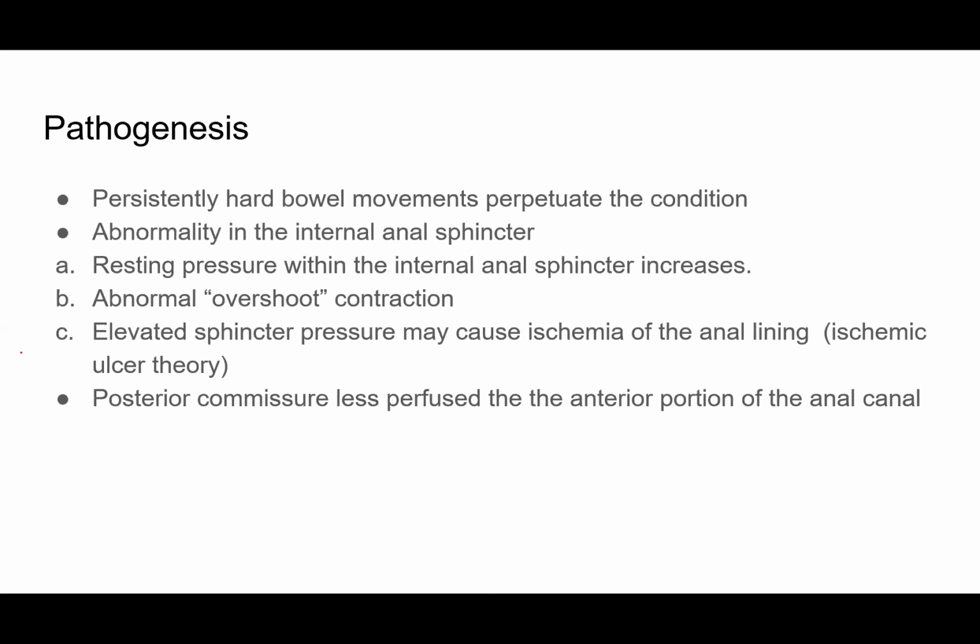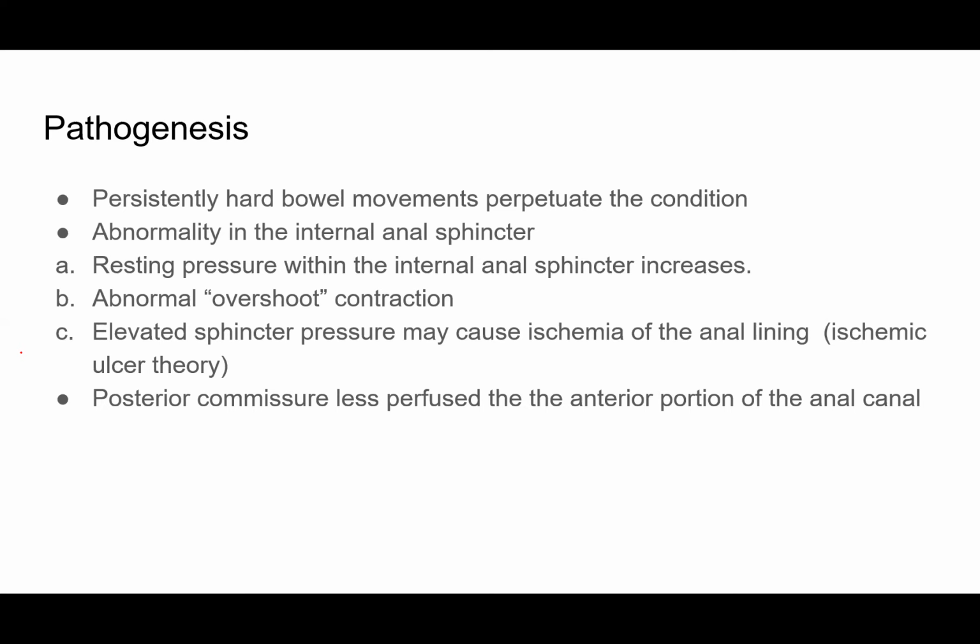So as I explained earlier, persistently hard bowel movements perpetuate the condition, resulting in an abnormality of the internal anal sphincter, which maintains continence. There's increased resting pressure in the anal sphincter, and the contracted sphincter causes ischemia to the ulcer.